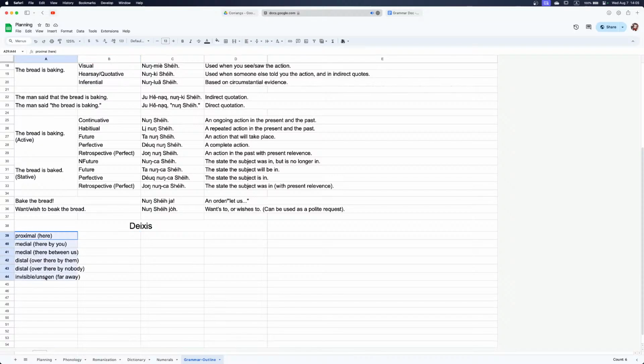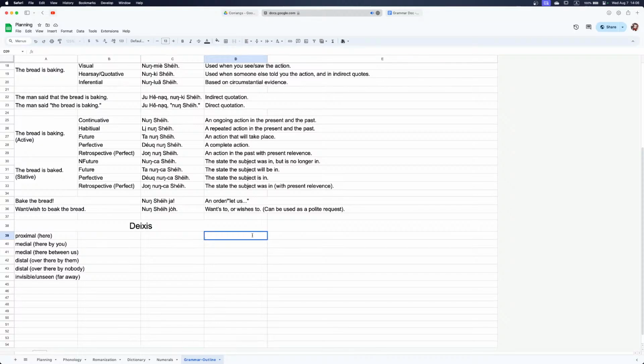So we have a 6-way distinction. And now there are multiple ways we could have deixis marked.